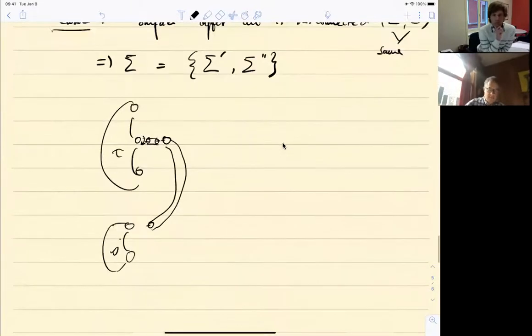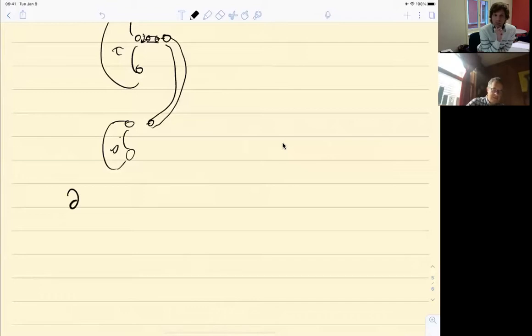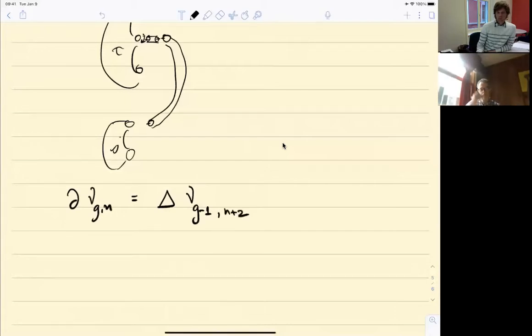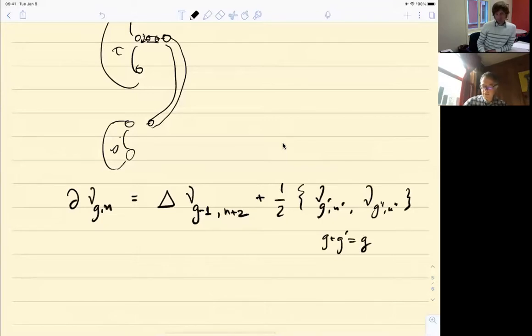So the moral of this is, what have we said? I've said that the boundary of VGN consists of two things, either things that I could have obtained by sewing together two outputs in something of genus G-1 and with n plus 2 inputs, plus, and there's this one half factor, let's not worry about them, VG prime n prime, VG double prime n double prime, where G prime plus G double prime equals G, and n prime plus n double prime equals n plus 2.